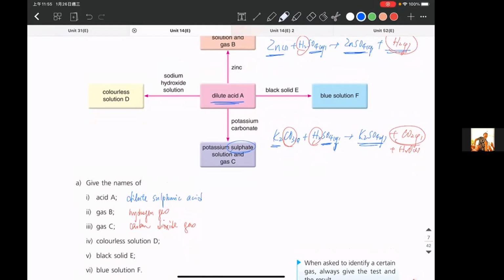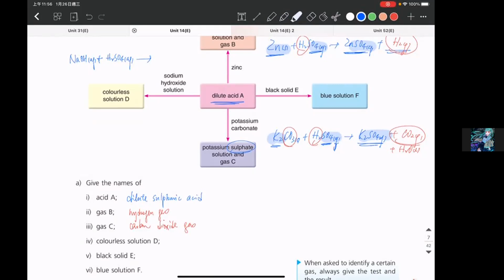Now, how about D? What is the type of reaction between sodium hydroxide and sulfuric acid? So what is the salt formed? Yeah, then you do the same tricks, right? We have done it here. How about this? So what is the salt?